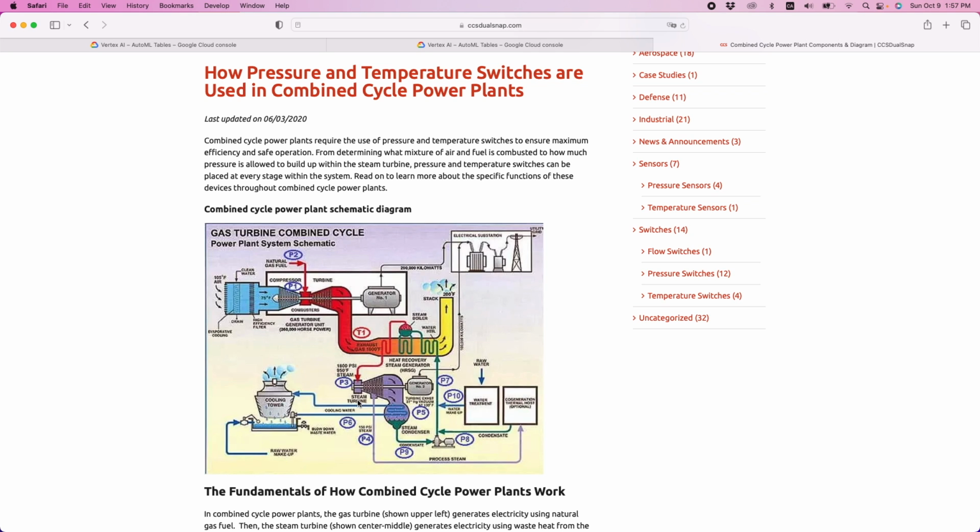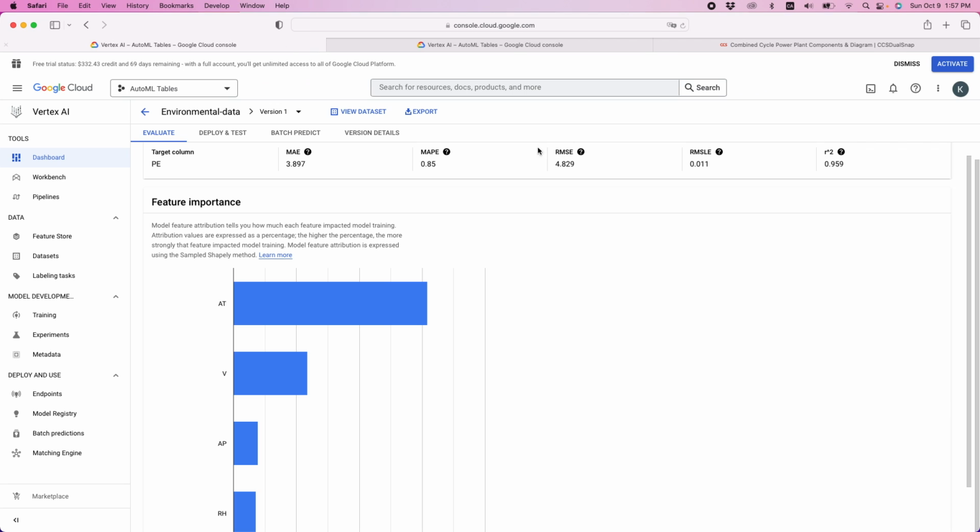For this reason, if our model makes small errors, our plant overall will still perform well. However, if we are significantly off in our prediction, we will set up our plant in a significantly less efficient way. For that reason, our output parameter should penalize large errors more. So for that reason, we will be using root mean square error.